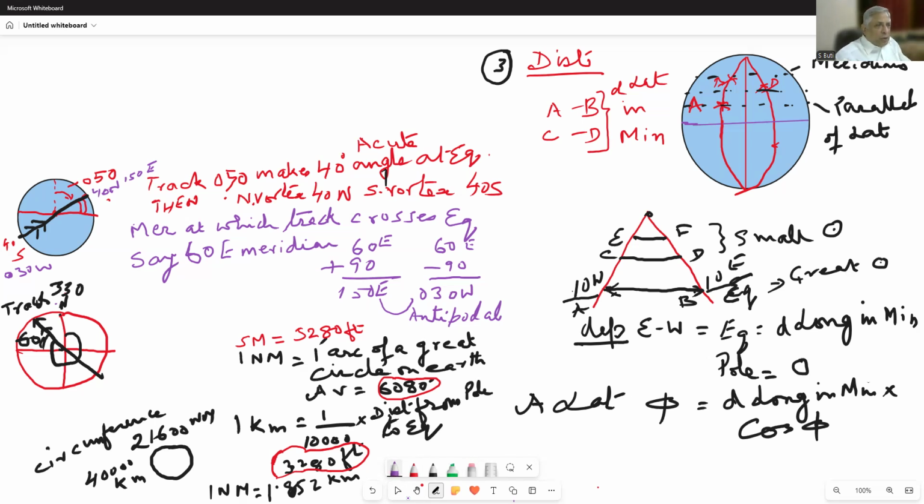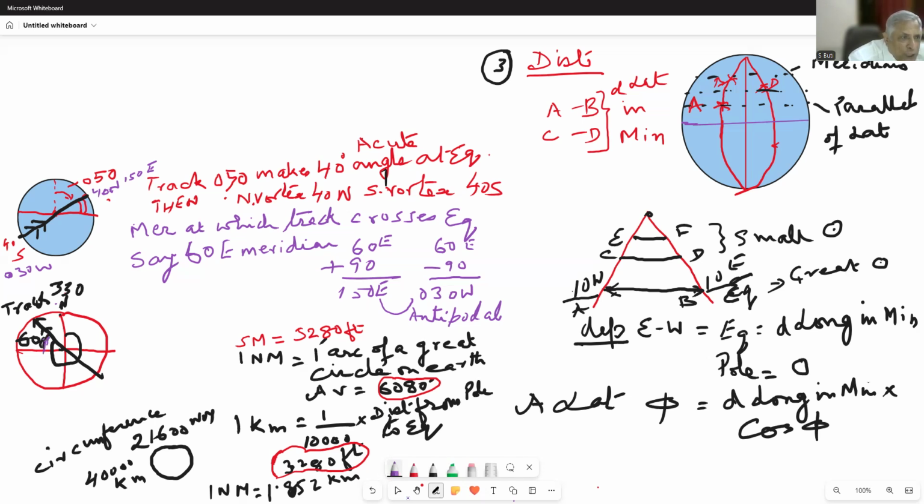Now see this track or the great circle. What is the track? If the track is 050, then the angle at which it cuts the equator will be 40 degrees, smaller angle, acute angle. If the track is, let us say, from here 330 degrees, then it will cut the equator at 60 degrees, smaller angle.